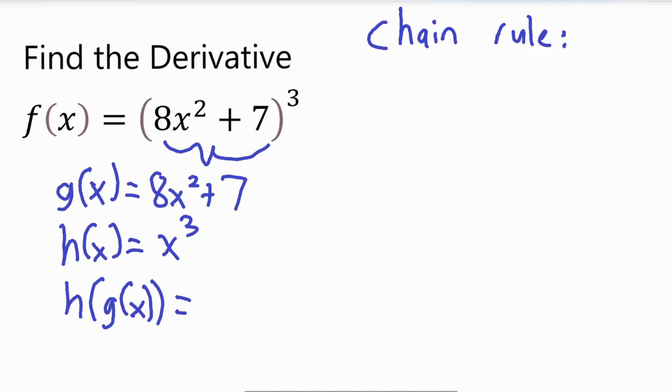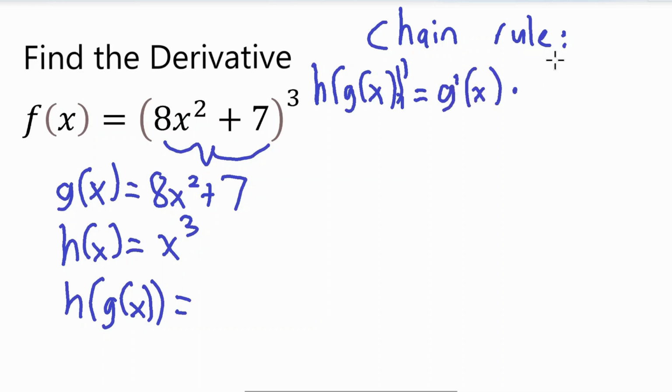So the chain rule states that when you have h of g of x, and you want to find the derivative of that, it's going to be equal to the derivative of the g of x function times h prime of g of x, okay?